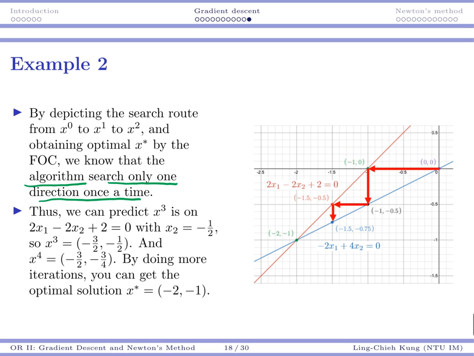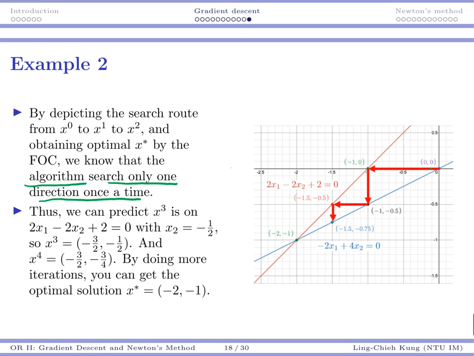Also, when you move along one direction, for example here, you obviously would stop at -1, 0. Why is that? Because along this direction, if you consider this as a one-dimensional problem, then for this particular curve, -1, 0 must have the smallest functional value, because this is the point where your first order derivative is 0.